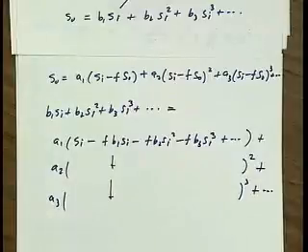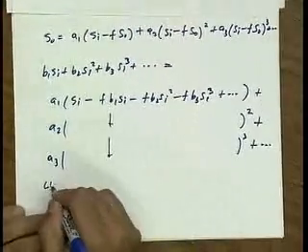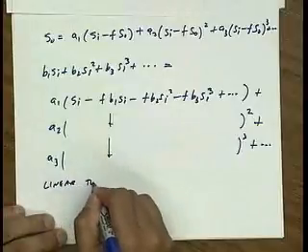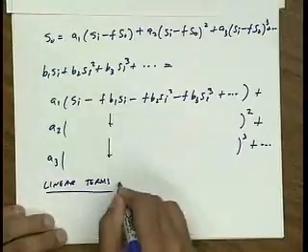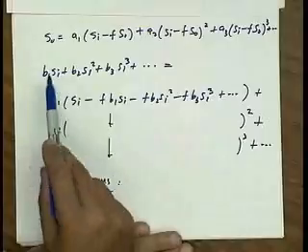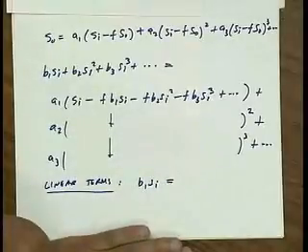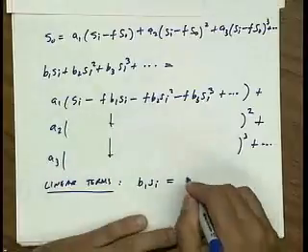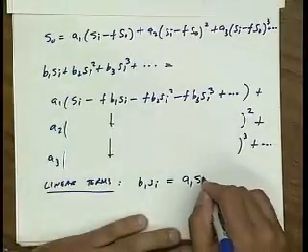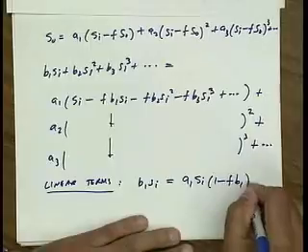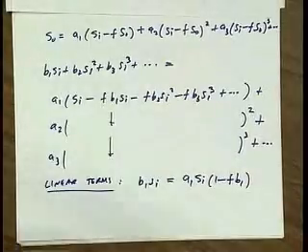Any questions about what we're doing? Does it seem clear? Okay, so now we equate coefficients. Let's start out with the linear terms. On the left-hand side, B1 is the linear term. On the right-hand side, you can see that I have A1 S input times (1 minus F B1).